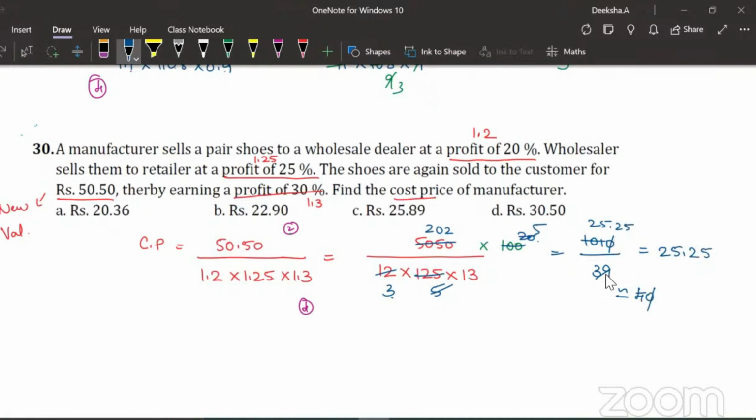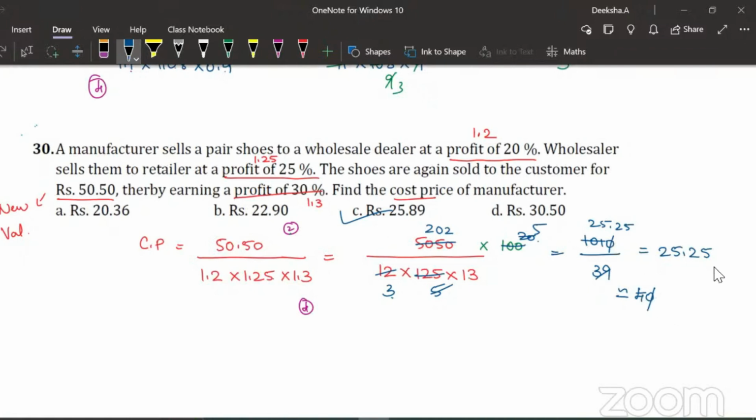If I divide by 39, which is a lesser number, then the answer will be slightly greater than this. So the answer is 25.89. Always, whenever you have such divisions, approximate it to the next number or the previous number only. Don't approximate it too much. So here, to approximate 39, I have approximated to 40, and dividing by 4 is easier.